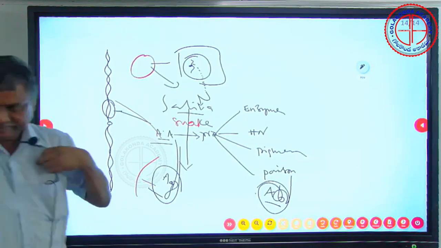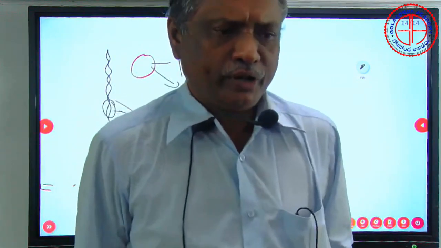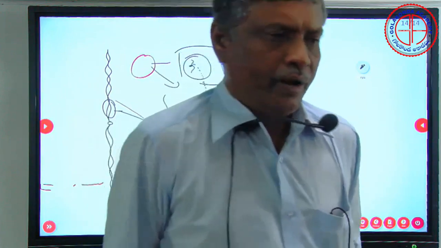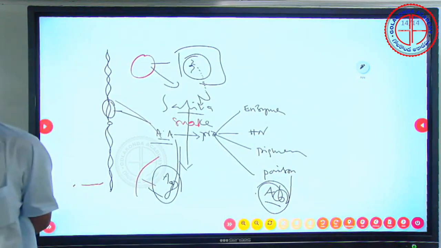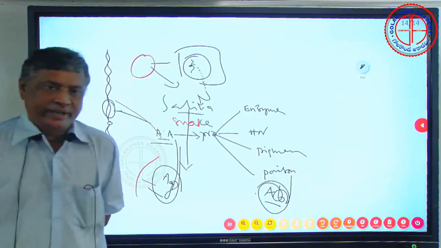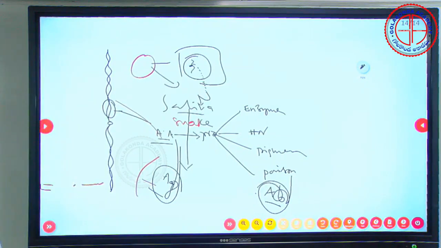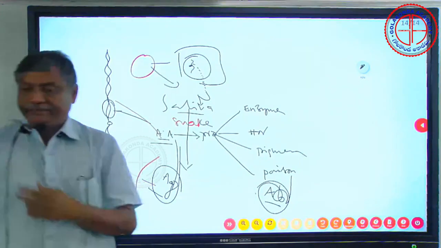The fundamental function of a gene is secretion of amino acids. Then it forms proteins.